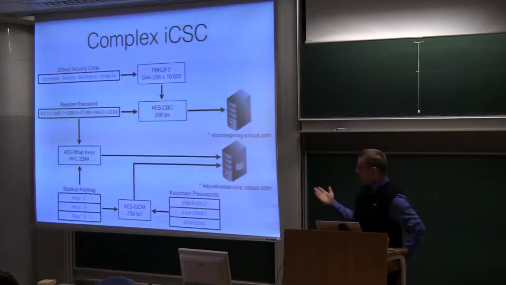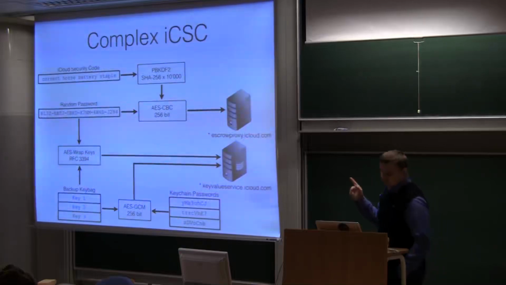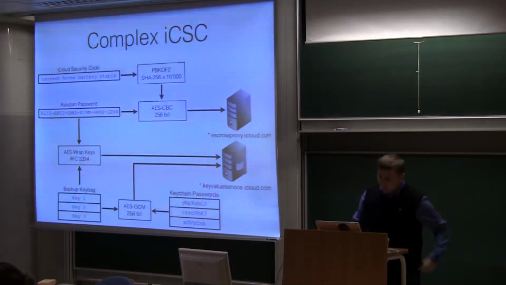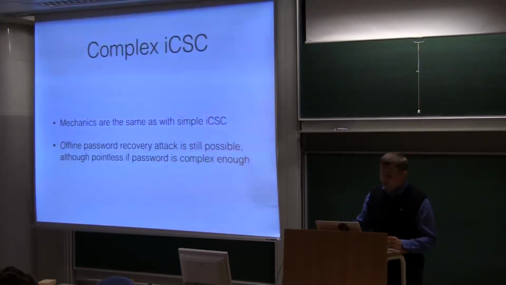The diagram is exactly the same, except that instead of the simple 4 digits, we can use an arbitrarily long passphrase or password. So everything is exactly the same. Offline password recovery is still possible, but it won't be as successful because there are many more possible passwords, and it will not be guaranteed to succeed.